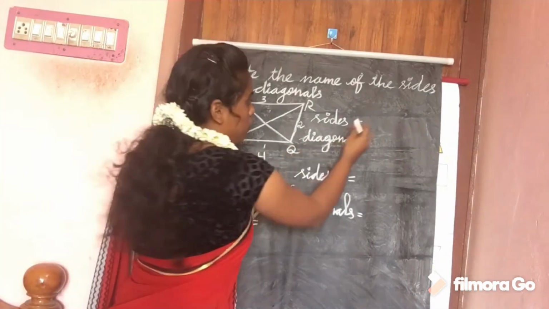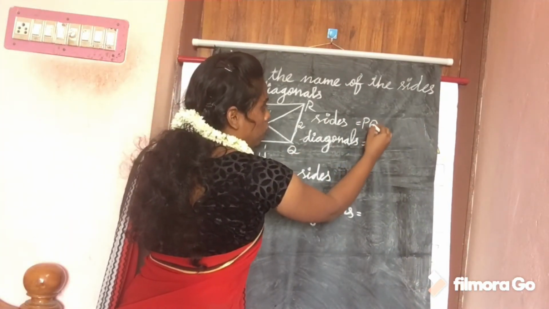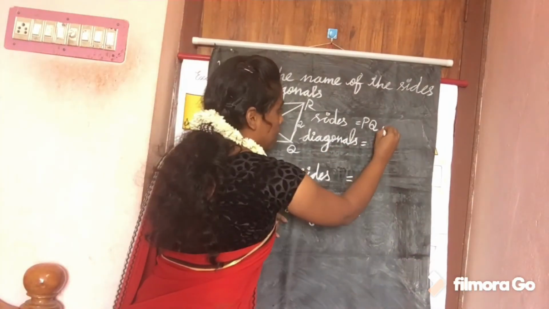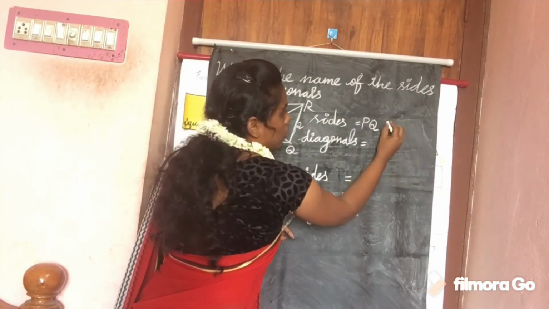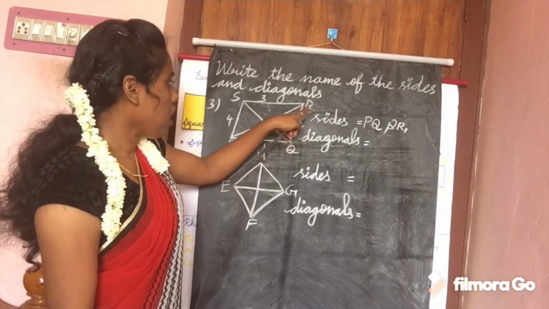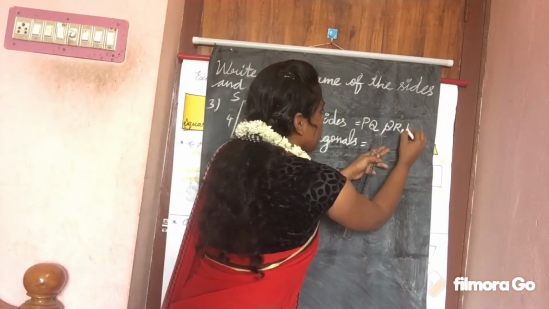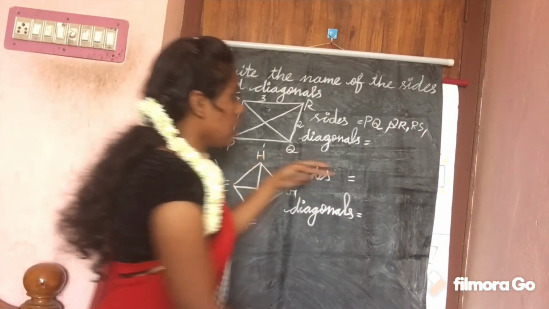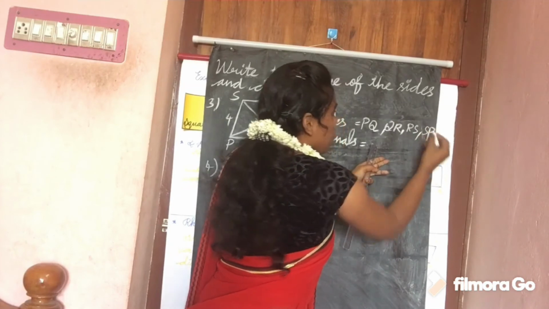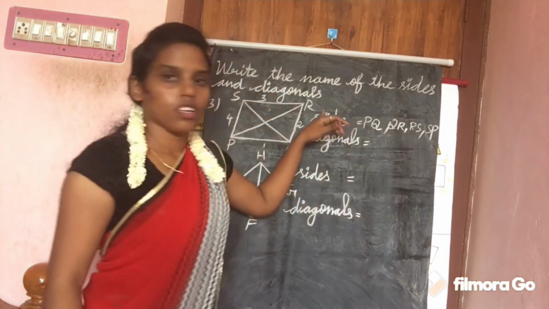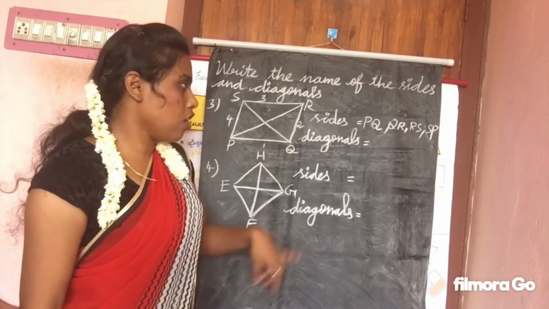PQ is one side, QR is another side, RS is the third side, and SP is the fourth side. So 4 sides are there in a parallelogram.